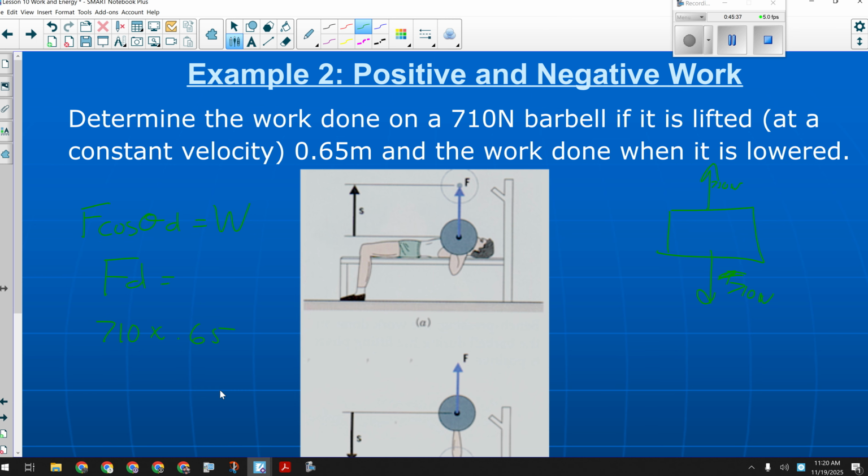If my force and the direction of movement are 0 degrees when I lift it, when I lower it, I'm still pushing up, but the movement is this way. How many degrees are there between the direction my force is pushing and the direction the barbell is moving? 180 degrees.